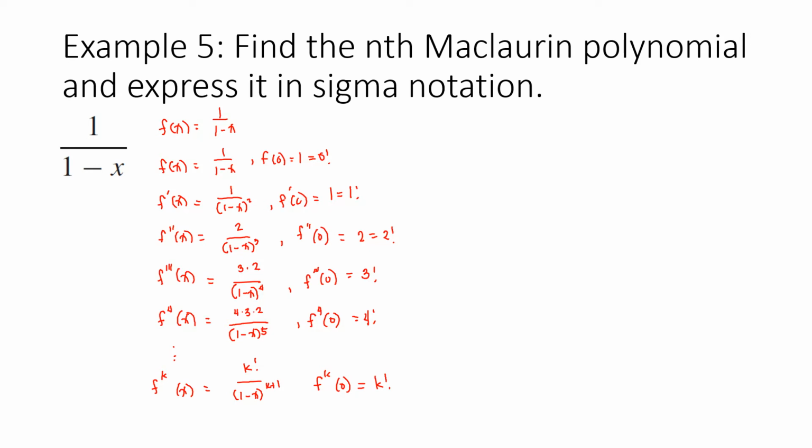Substituting this yields the nth Maclaurin polynomial for 1 over 1 minus x.